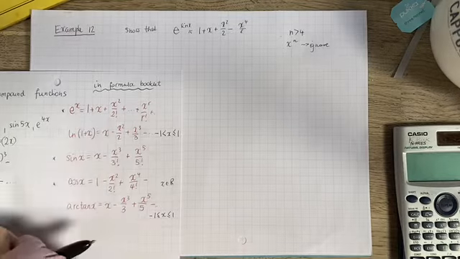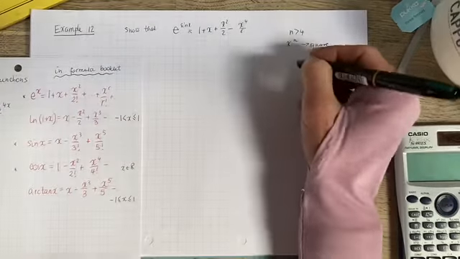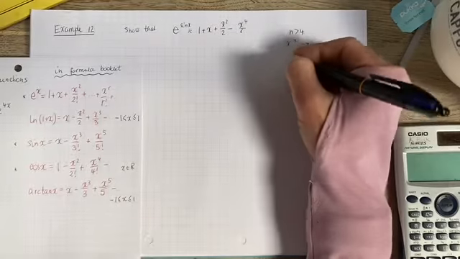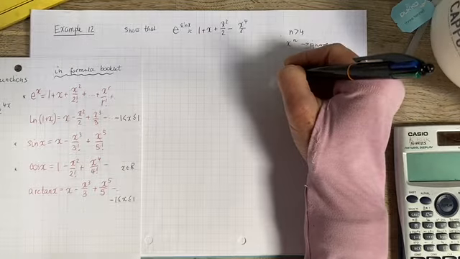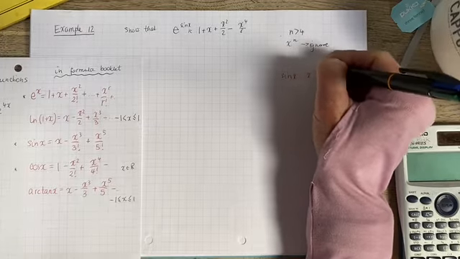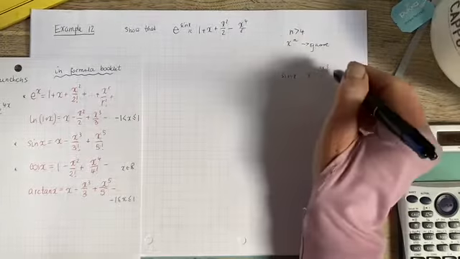So here's the trick. You're going to use the expansion for sine x. Sine x is x minus x cubed over 3 factorial, and we don't need any more.